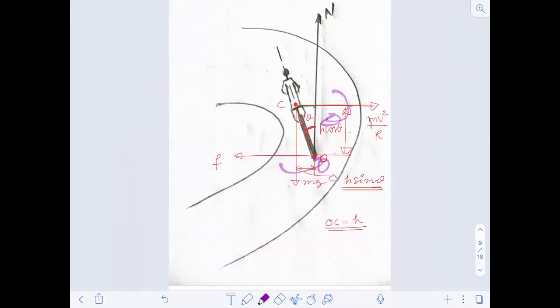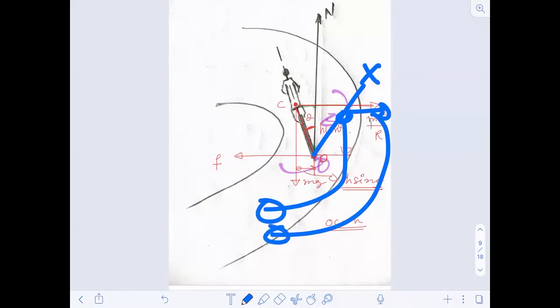See, in any case this person cannot tilt in this direction. This is a very critical situation. Any person will not tilt like this. This is a wrong way. Why? Because in this case mg will also be giving me torque like this, and mv square by r, which is in this direction, will also give me torque like this.